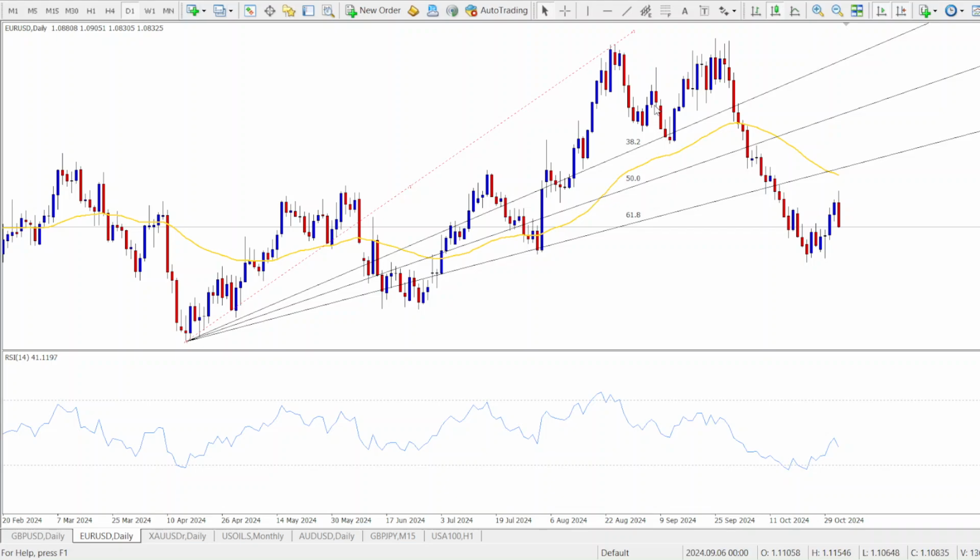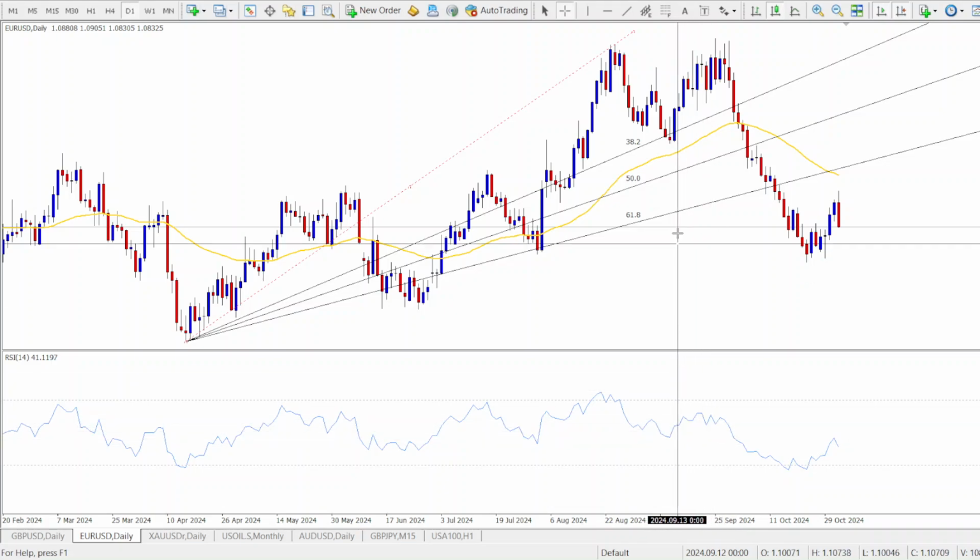But in a situation where price is getting rejected around one of the Fibonacci fans, just like what happened here, and at the same time price is trading above the moving average, and the RSI is pointing upwards, not yet inside the overbought zone, then it can be a confirmation for a buy.